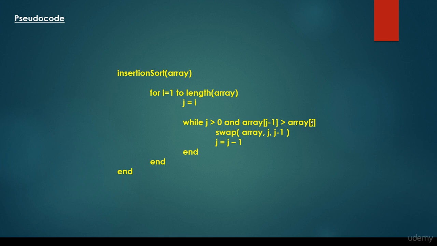That the item before the j index is greater than the value at the j index, then we swap the two. So we keep swapping array[j] and array[j-1], and we keep decrementing the value of j. And it is a while loop, so we keep doing that while j is greater than 0.